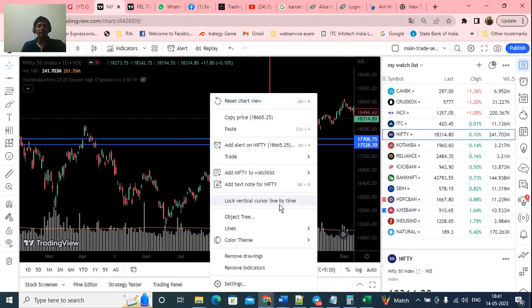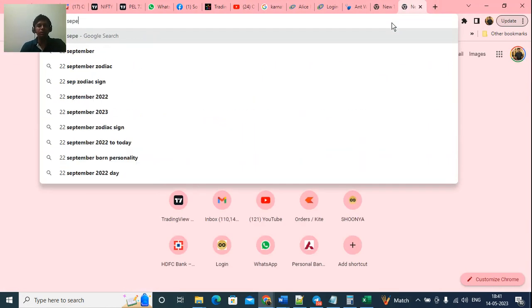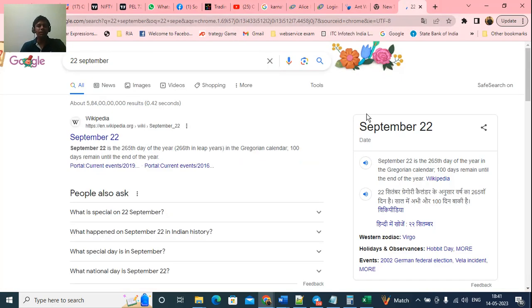And what is the significance of 22 September? 22 September is the 265th day of the year in the Gregorian calendar. 100 days remain until the end of the year.